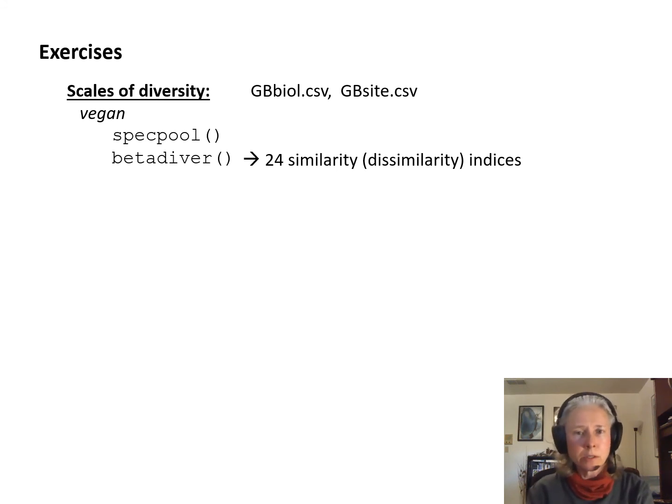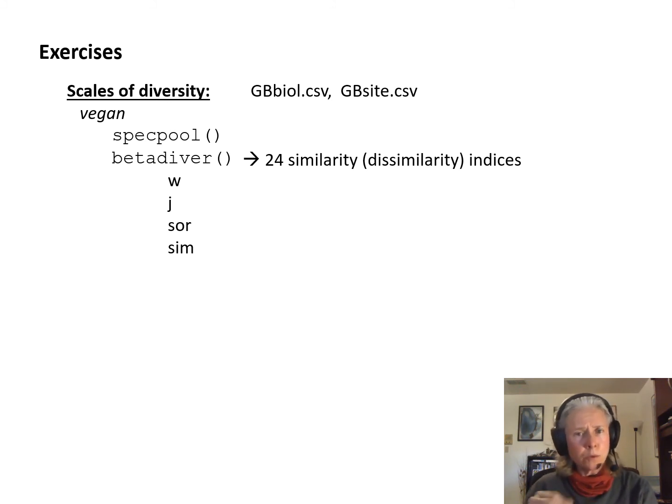And in the notes, I discuss how several of these are especially commonly used, such as Whittaker's W, Jaccard, Sorensen's, and similarity is also recommended.